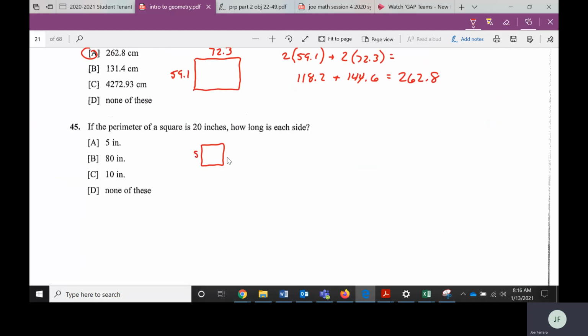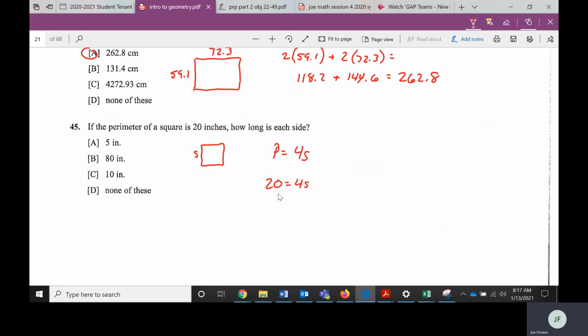So if we label this S, okay, the perimeter equals 4S. Well, the perimeter is 20, so we got to think of 4S, I don't need parentheses if we're using a variable.